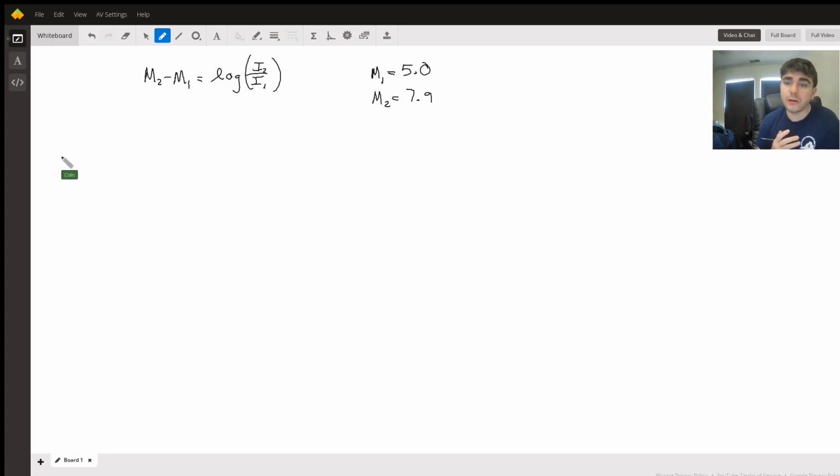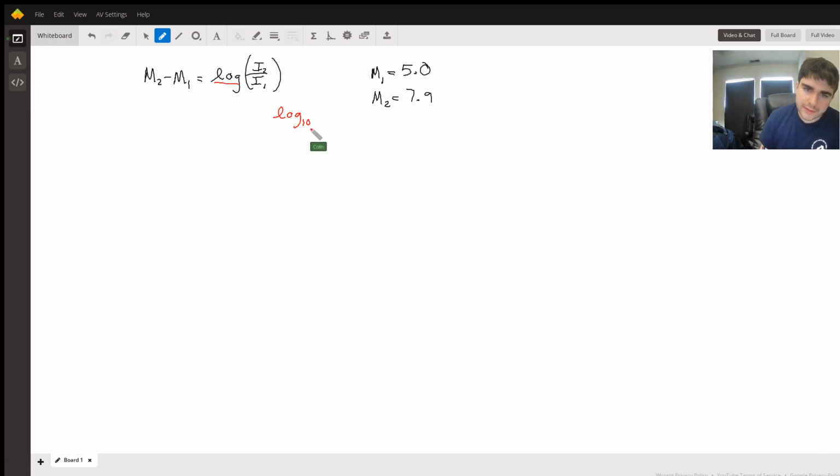Now, in order to solve for the intensities, we can't figure out each of the intensities on their own. We can only find out what the ratio is. Okay? So here's what we do. We're going to manipulate this equation first and solve it. So I have a logarithm. The way I get rid of that is this. Remember, log base 10.